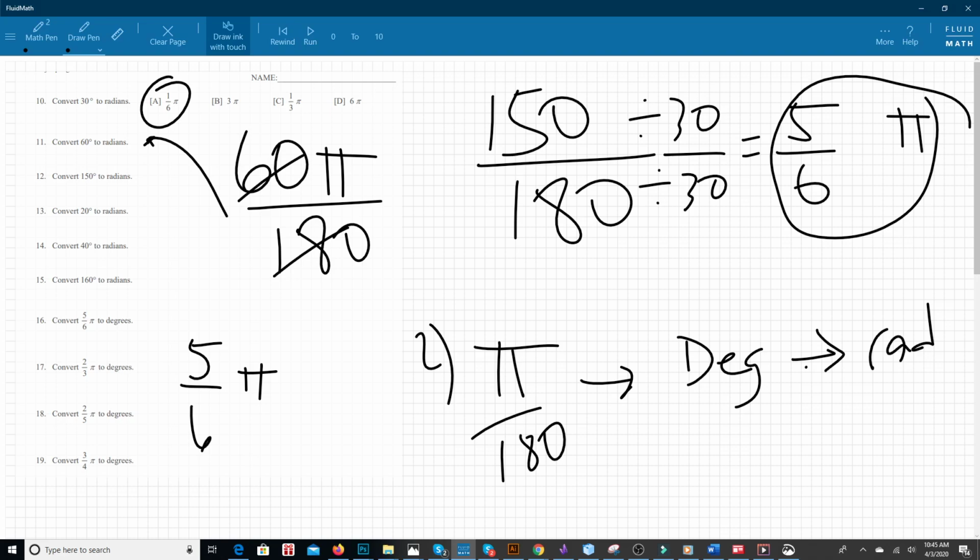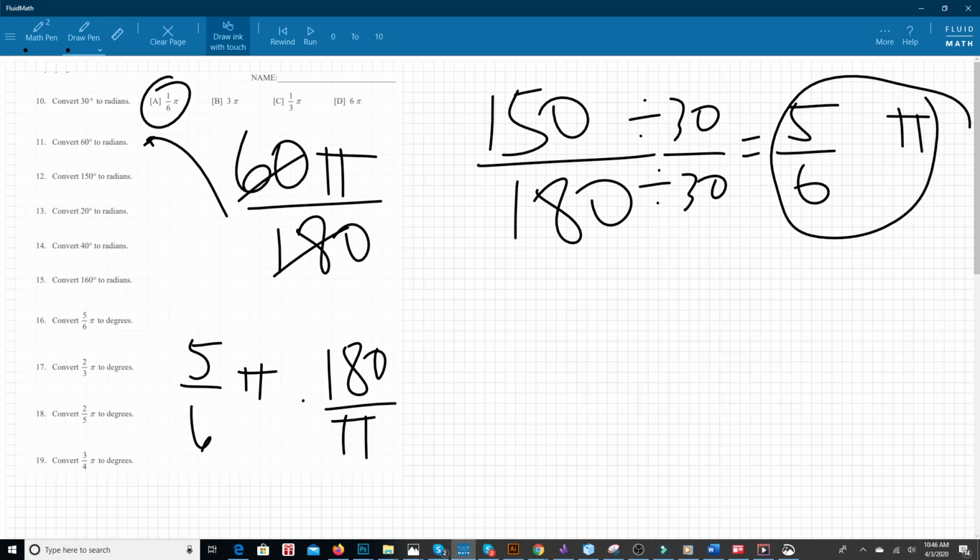13 pi over 9. Did you get it? Okay, all right. Well, let's look at that. It's that times 180 over pi, right? Just give myself some space. So again, I'm gonna cancel out my pi's.